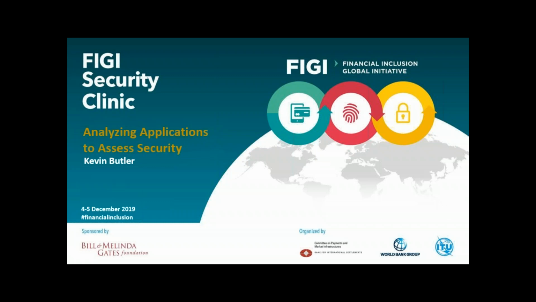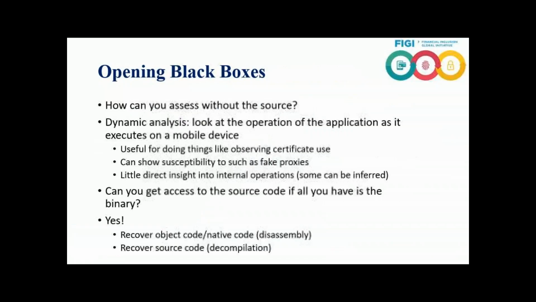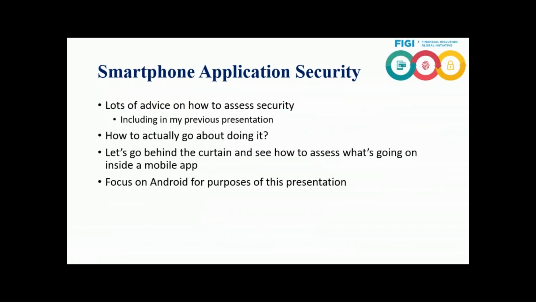Okay, so let's talk about what it looks like from the standpoint of assessment. What do you do when you're actually looking to analyze these applications to determine and assess their security? There's been a lot of advice on how to do a security assessment.